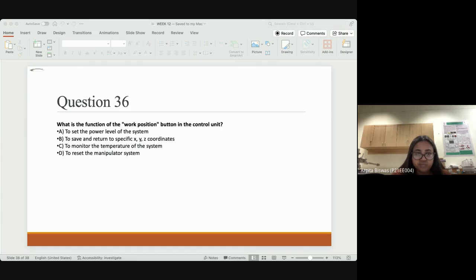So the right option is option B, to save and return to the specific XYZ coordinates.